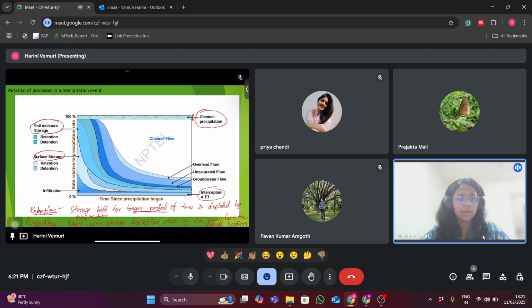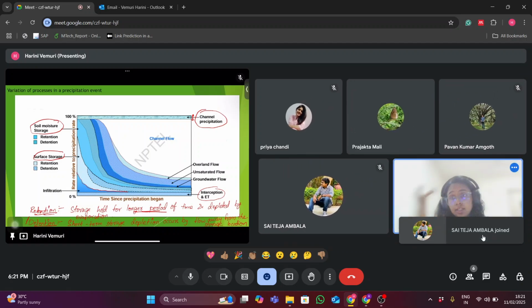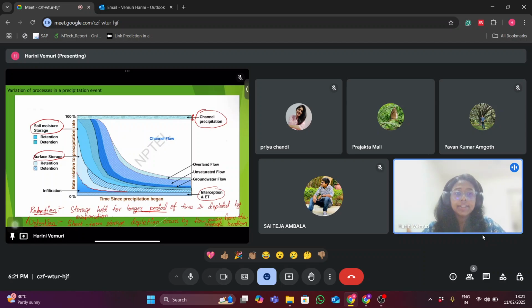And in the case of soil moisture storage, we can also see the terms retention and detention. For example, the water that is stored in groundwater will take a longer time, like years, to reach the stream flow.